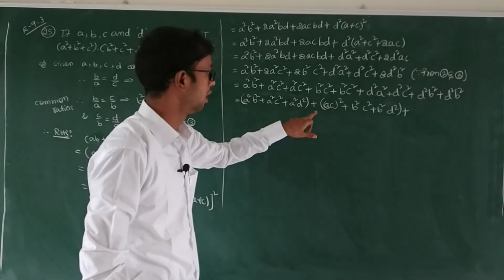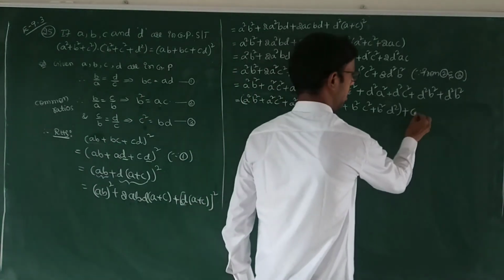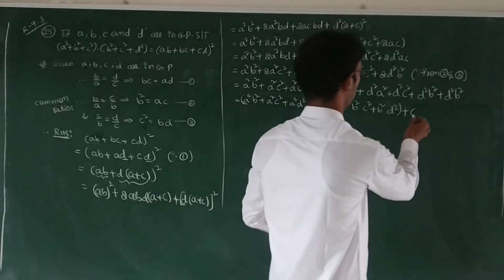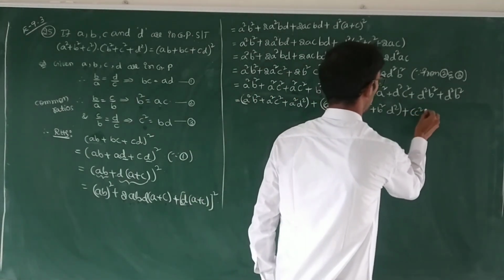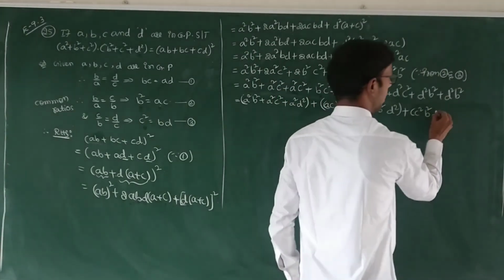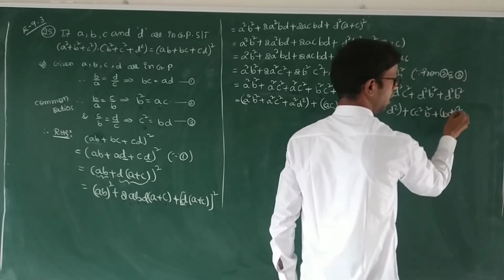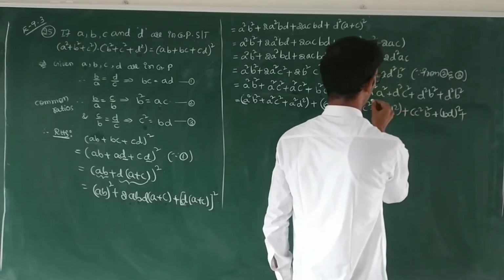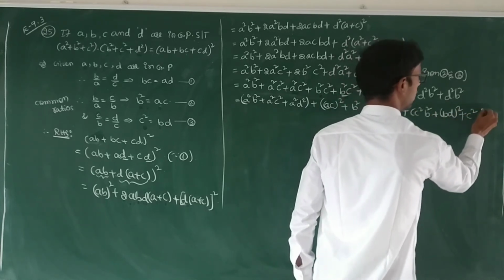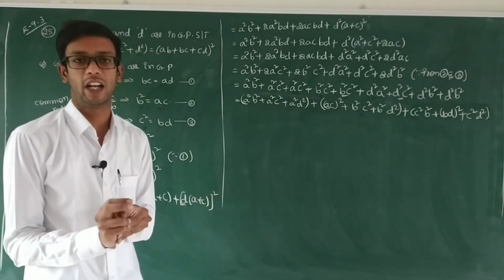Next, AC completed, one BC completed, one more BC square is right here. What remains here? C square B square, BD whole square, and C square D square. Just rearranging and writing whole squares I made here.